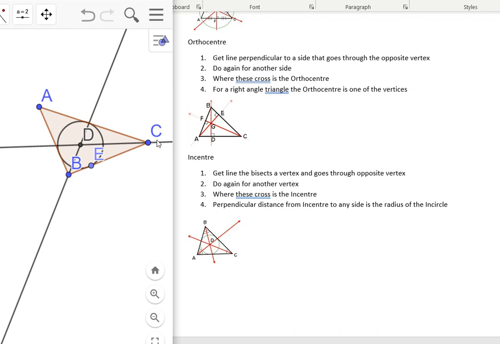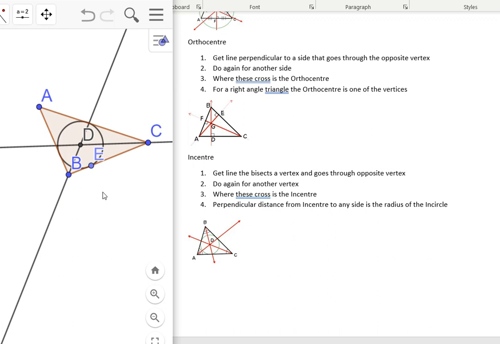So this is the center of our incircle, and we get it by getting the bisectors of two angles at the vertices, and then the perpendicular distance from BC up to D, our center, is going to give us the radius of that circle. So if we find the perpendicular distance from one of our sides up to our center point, then we're going to be able to find the radius of our incircle.